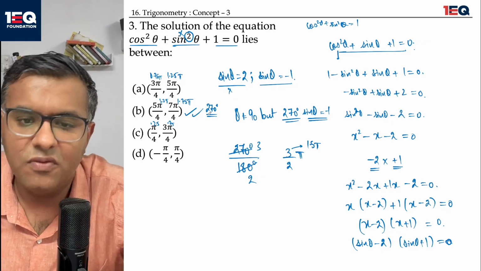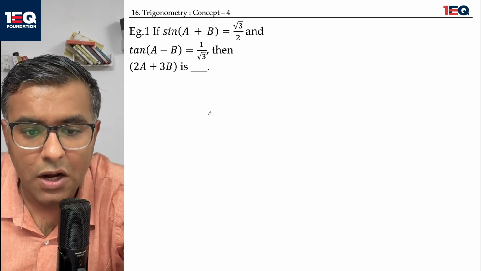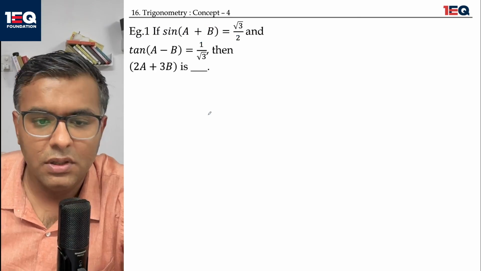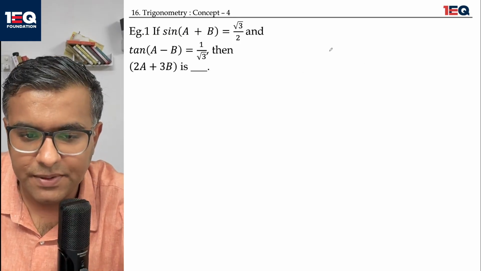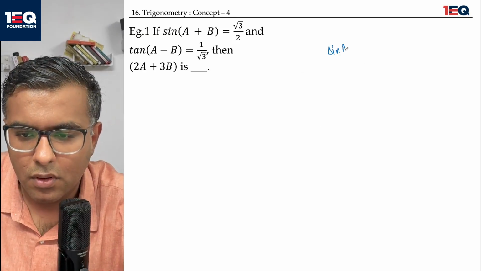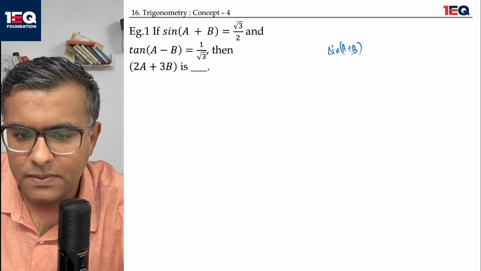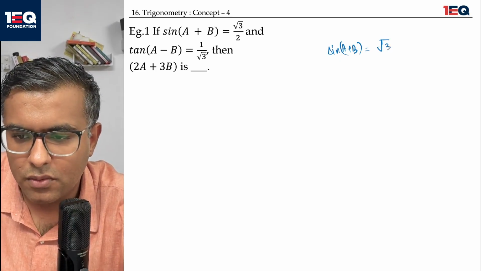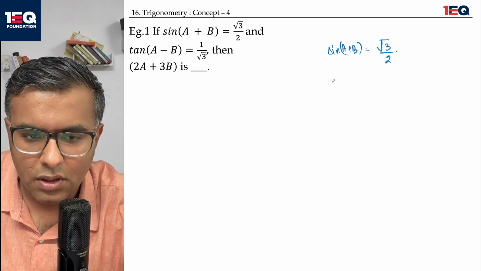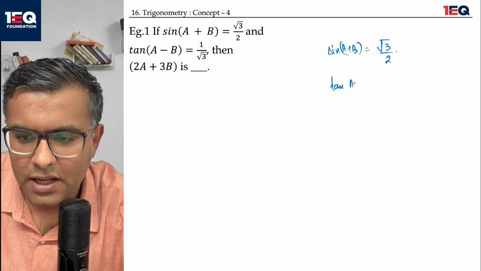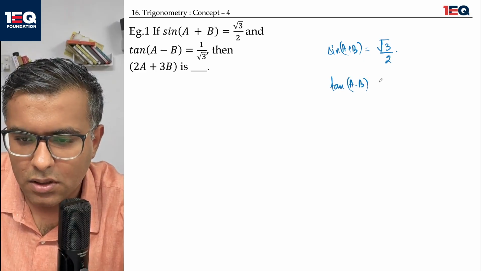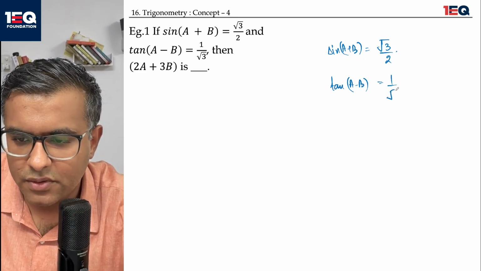Okay, let's move forward. Now I need to find out the value of theta. Here it says that sine a plus b is equal to root 3 by 2. It says tan a minus b is equal to 1 by root 3.